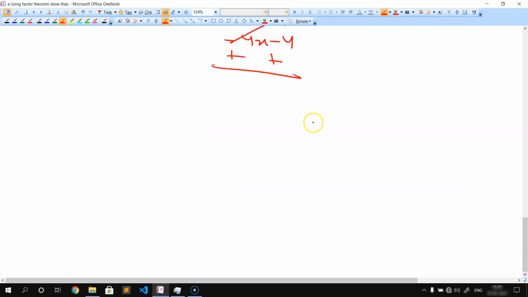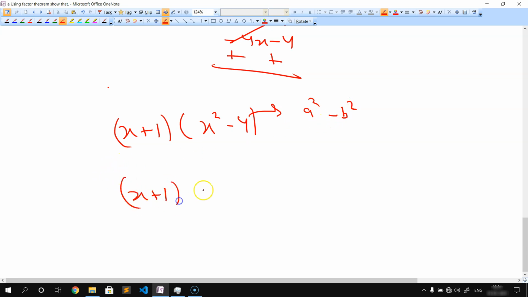So now we can write our equation as x plus 1 into x square minus 4. Here we will again use the same method, which is a square minus b square. So I am directly writing it down as a plus b into a minus b.